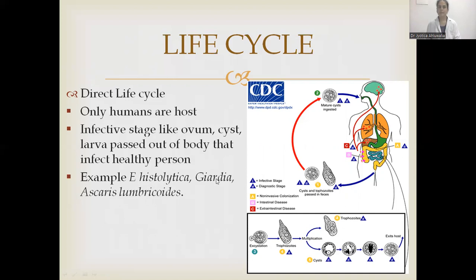The examples are E. histolytica, Giardia, or Ascaris lumbricoides. So you can see the cyst form, matured cyst is ingested and then it travels, then excystation occurs and the trophozoitic form formed, then which is released.